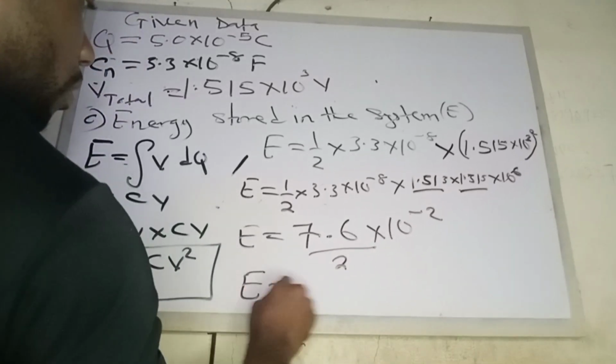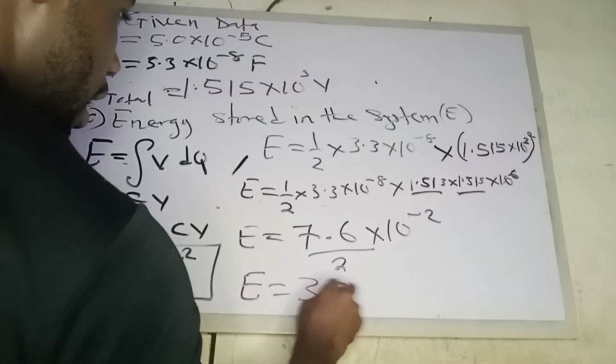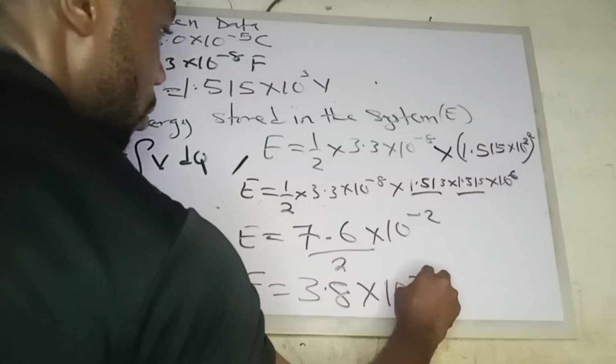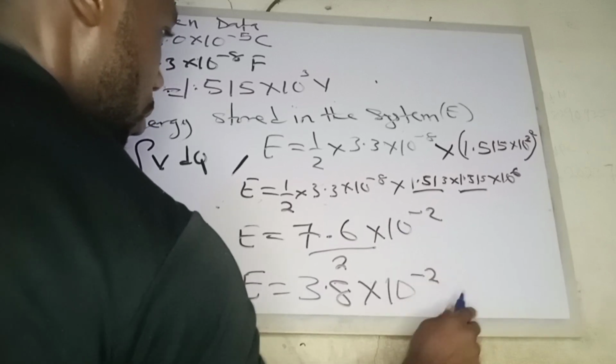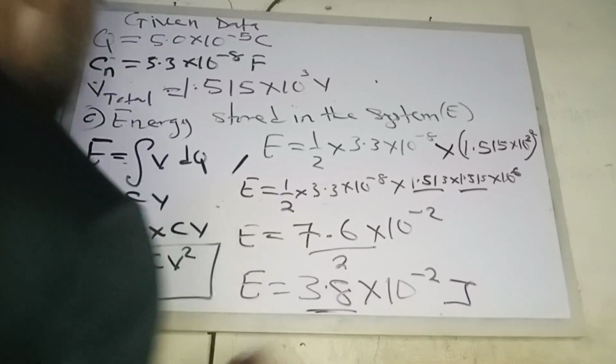So our E total, the energy stored, is therefore the final answer, 3.8 times 10 raised to the power of minus 2 joule. So this is our final answer.